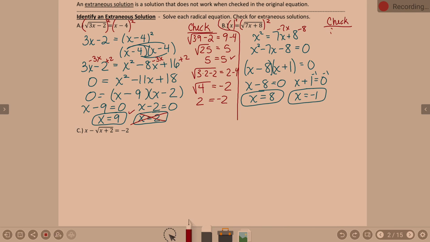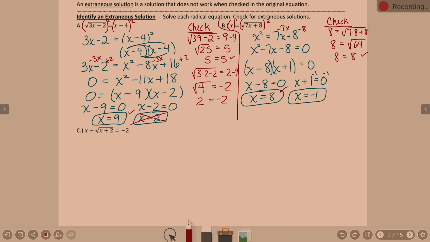So 8 equals the square root of 7 times 8 plus 8. 7 times 8 is 56. 56 plus 8 is 64. The square root of 64. 8 equals 8. That one checks.